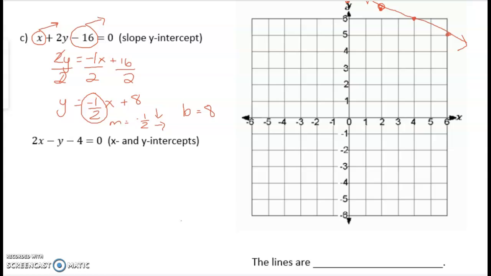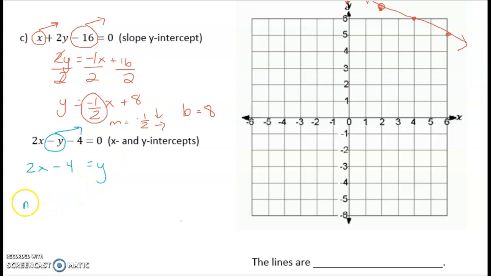Okay, the second one, let's do the blue, okay? So we just have to move everything over again. So since y is negative over here, we could just move it to this side, and my y will now be positive. And then I have 2x minus 4. And this one's nice. It's already done for us, you don't have to divide by anything.